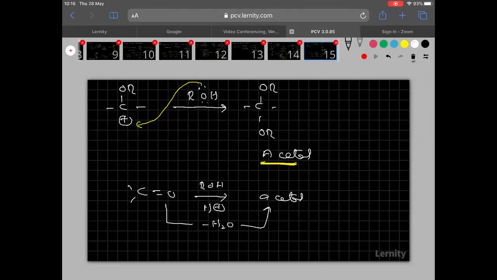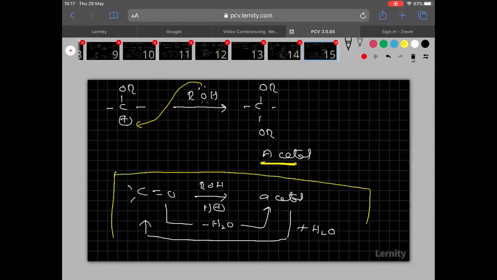Acetal is formed here. Now to the same acetal, again, if I add the water molecule, I will get the reactant back. So see clearly, everyone now. If the water molecule is removed, then acetal is formed.